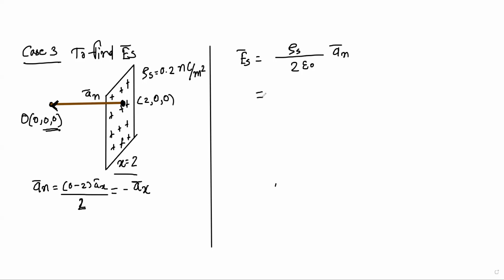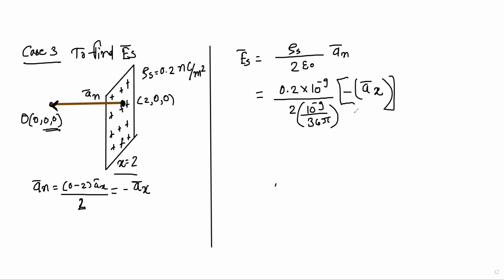So the value of rho s, what is it? 0.2 into 10 raised to minus 9, divided by 2 epsilon naught. The value of epsilon naught is 10 raised to minus 9 divided by 36 pi. And what else is remaining? A bar n. A bar n is minus a bar x. So what value are you getting?